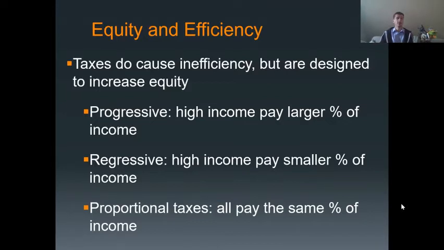If I am paying a sales tax on anything really, say sales tax in Pennsylvania is 6%. So if I buy a $10 item, 6% of that I have to pay in taxes. That takes up a larger percentage of my income than it does anybody who makes more money than me. So that is considered a regressive tax.